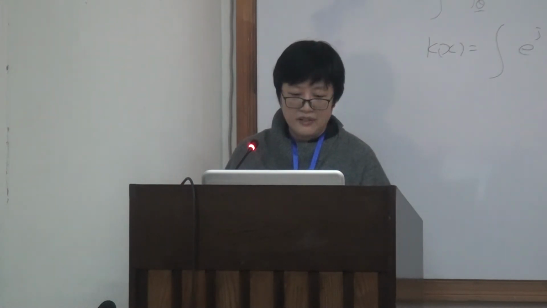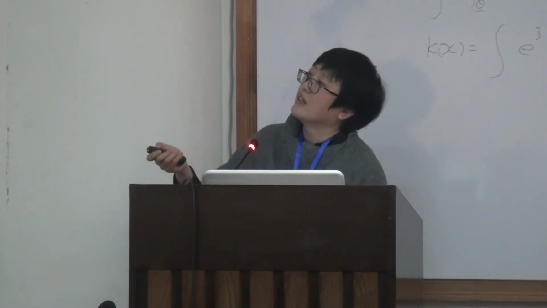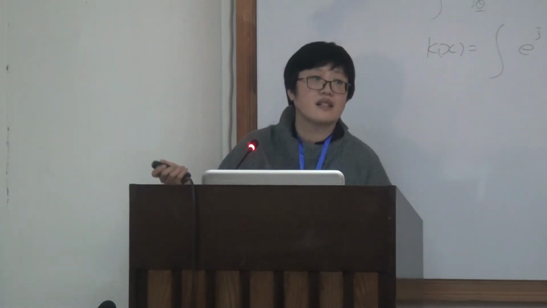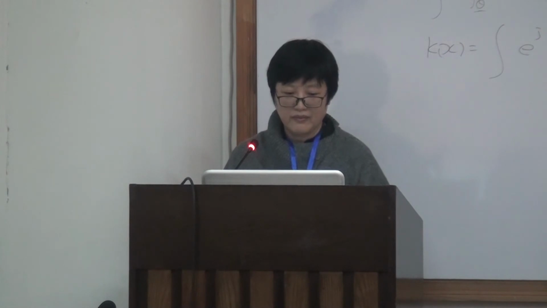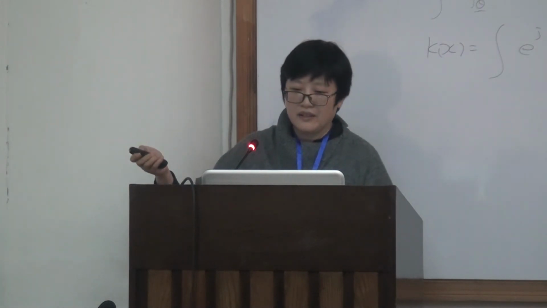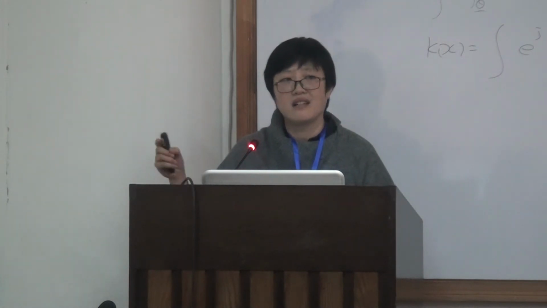And for the G function, we just use the cosine activation like this. And the hidden variable, we just denote it as Z.